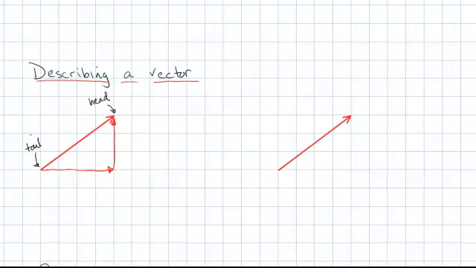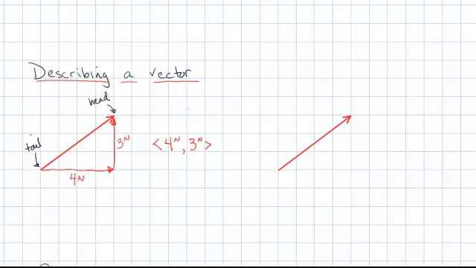As I draw that, this one has a 4 Newton length, and this one here has a 3 Newton length. And we will describe this as being 4 units to the right and 3 units up, or in something which looks like coordinates, as if you were doing this on a graph, where it would be 4 over and 3 up.